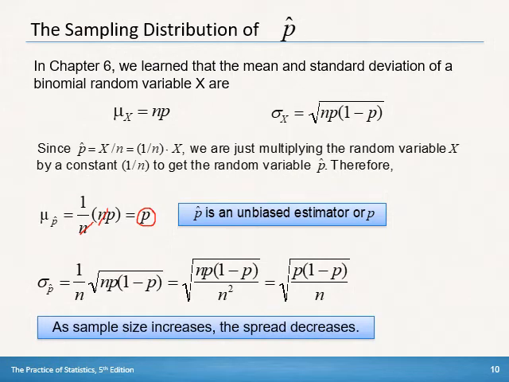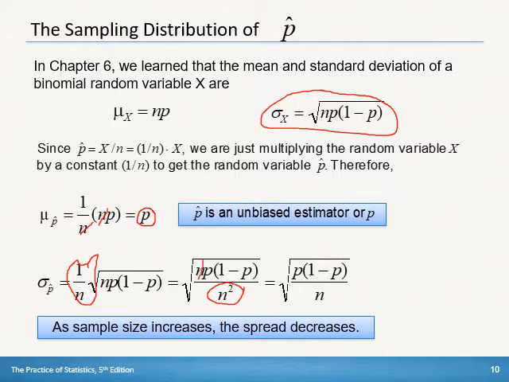So the standard deviation for the binomial random variable x was given to us in the previous chapter. If we take that formula and multiply it by 1 over n, which is the transformation we're doing, then, although we normally don't do this, we could take that 1 over n and move it into the square root, and that would give us an n squared in the denominator.